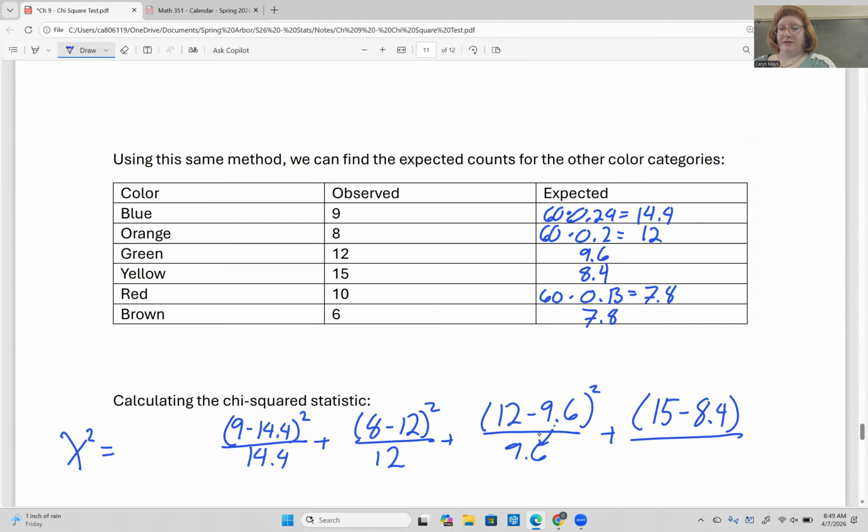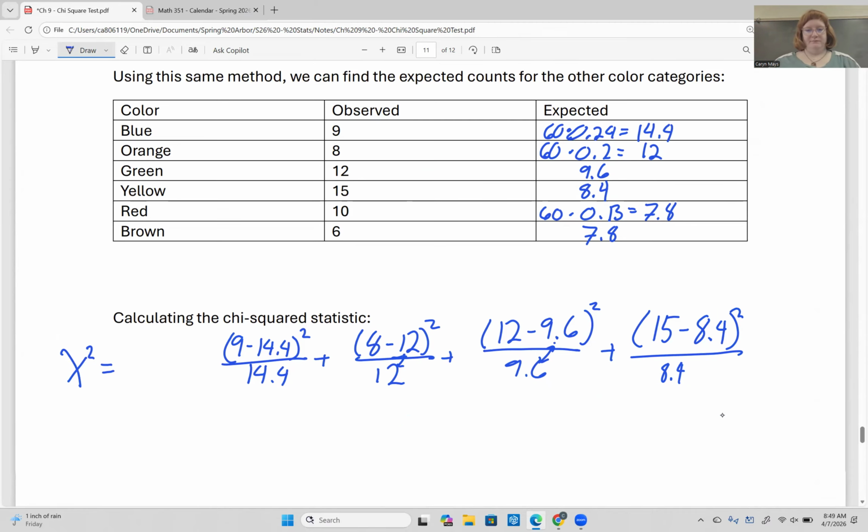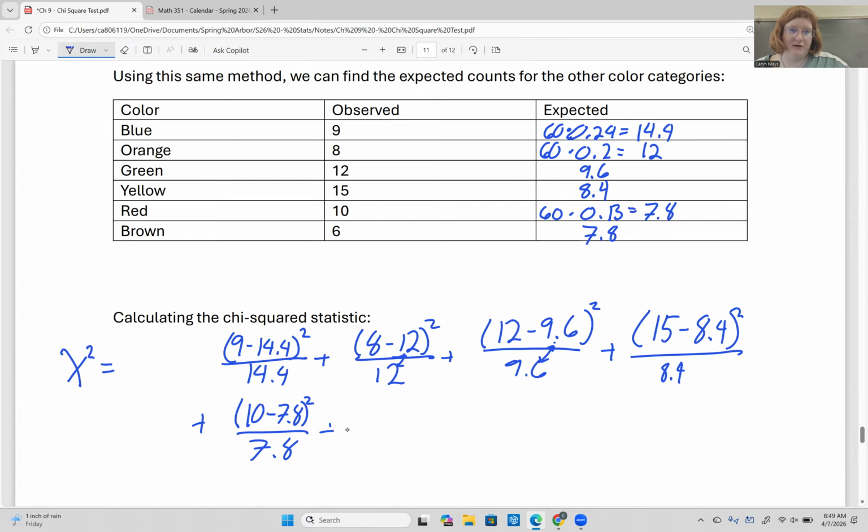Yeah, these numbers keep matching. Writing out two more of them. Red is going to be 10 minus 7.8 squared over 7.8. And brown will be 6 minus 7.8 squared over 7.8.